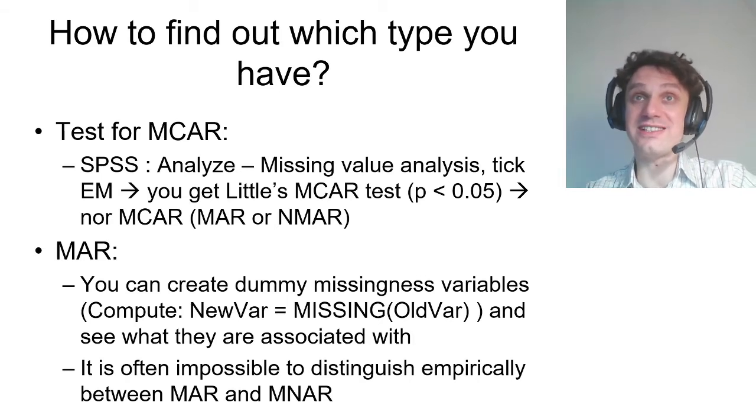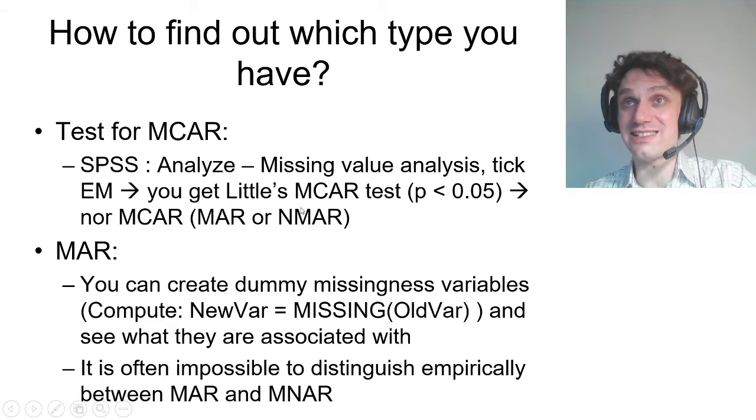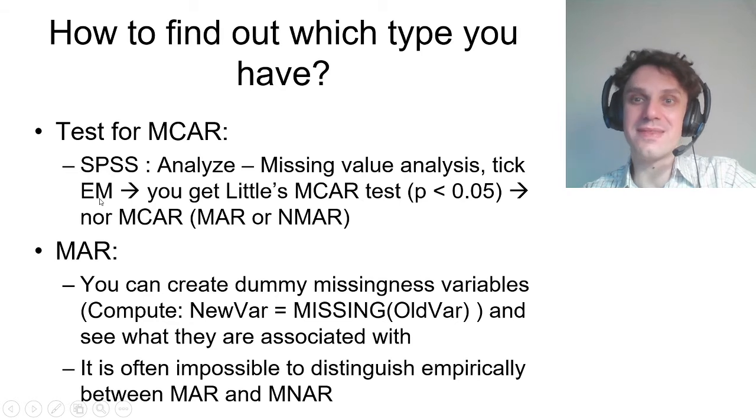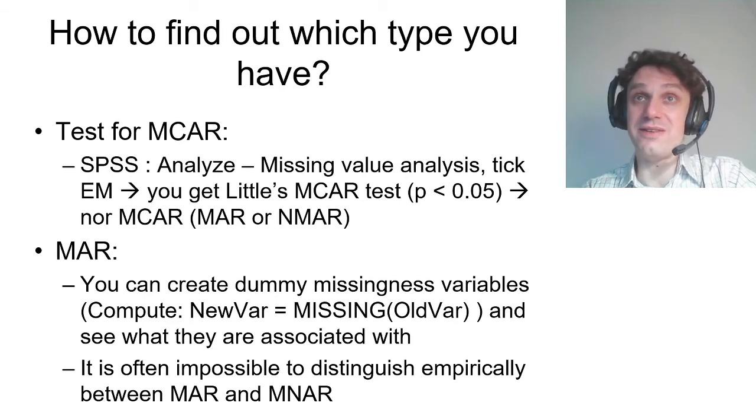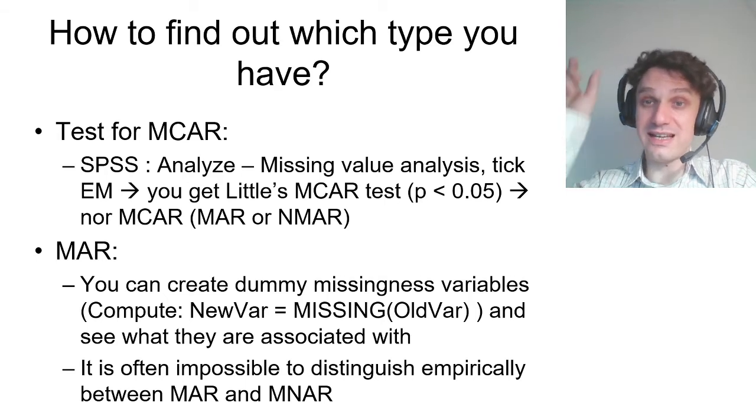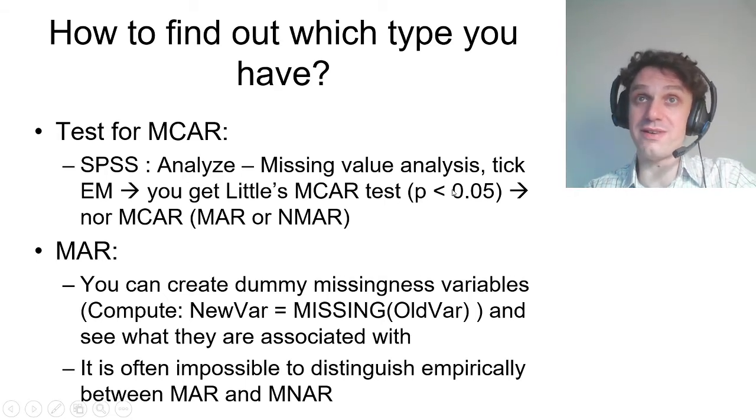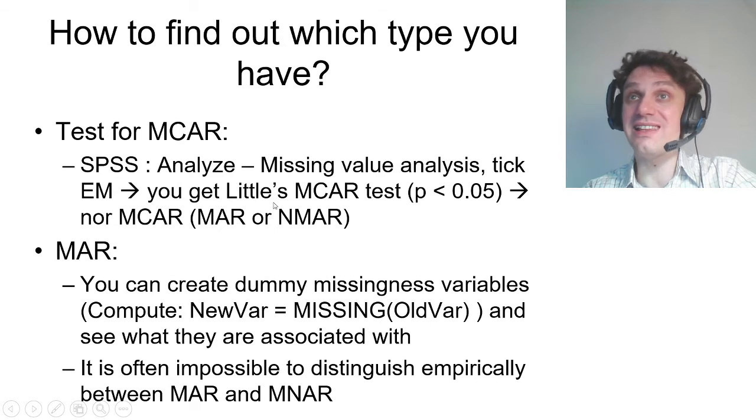There is a special statistical test called Little's test of missing completely at random, by a guy whose name was Little. In SPSS, there is a module called Missing Value Analysis in Analyze, and there you can tick the EM checkbox. You select the variables for which you want to investigate missing data, and as a result, you'll get Little's missing completely at random test.